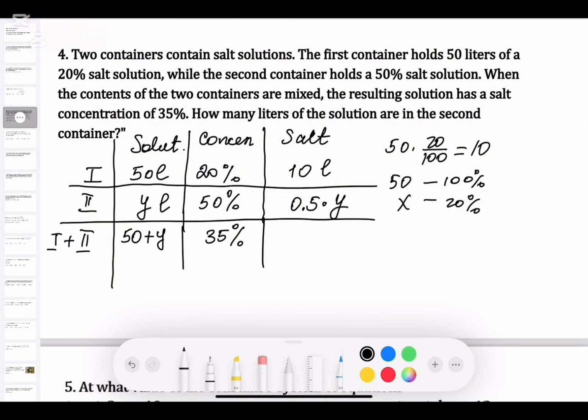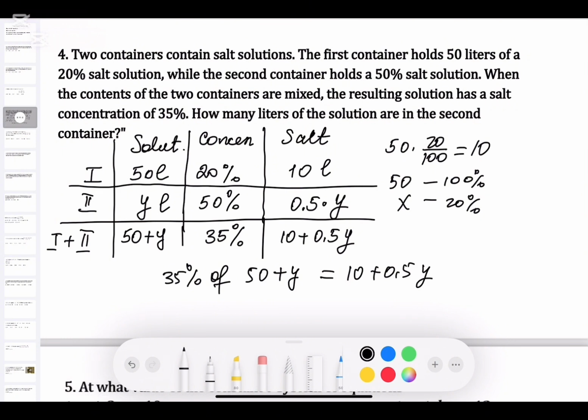And the amount of salt in the mixed solution would be 10 plus 0.5y liters. So basically, 35% of 50 plus y equals 10 plus 0.5y.